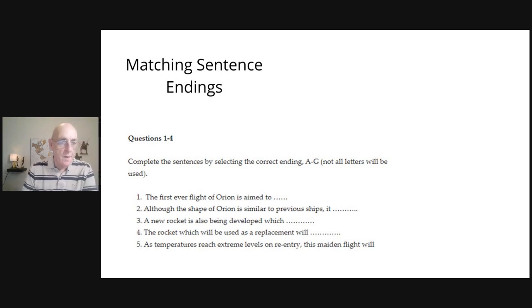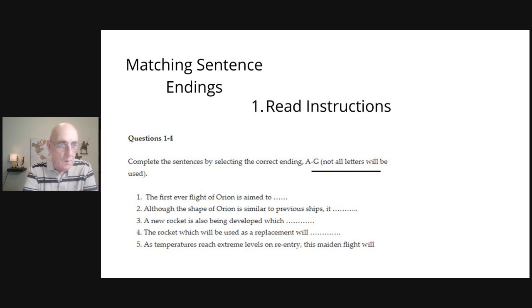This is where you're given the beginning of a sentence, and simply by choosing from the options of the endings you're given, you will match the ending to the beginning of the sentence.